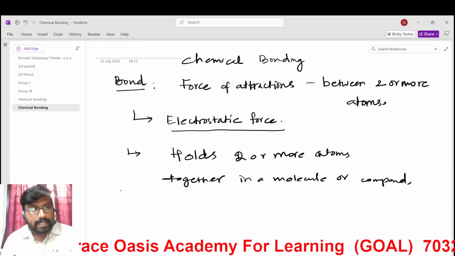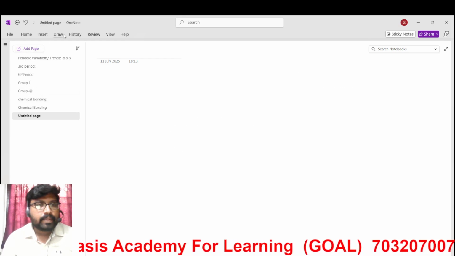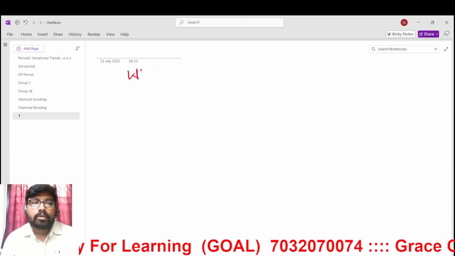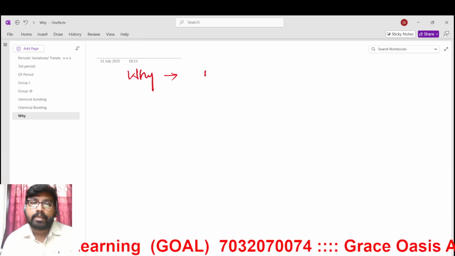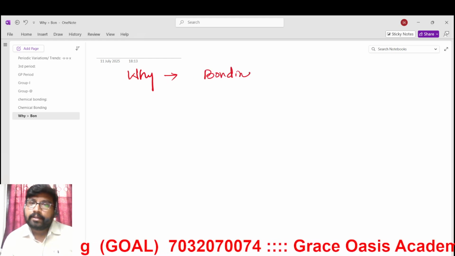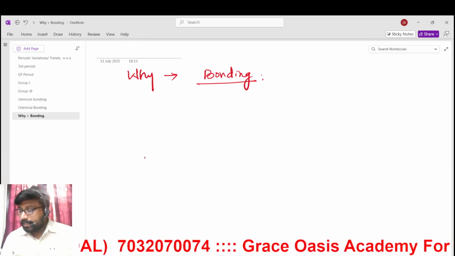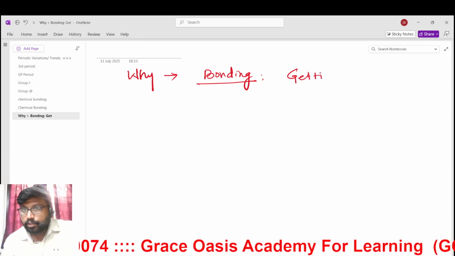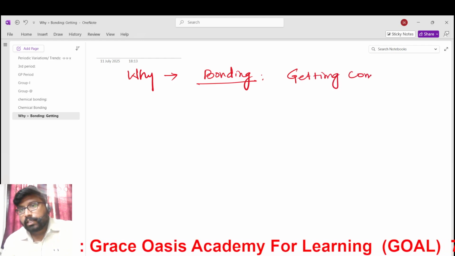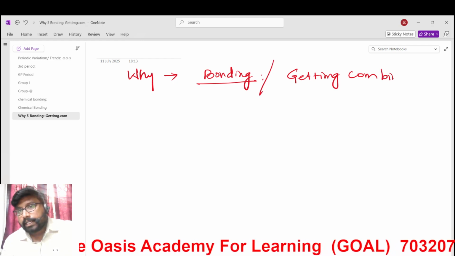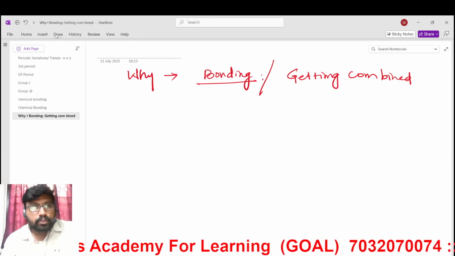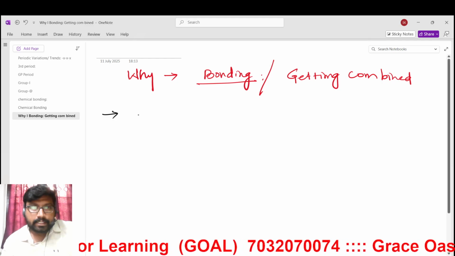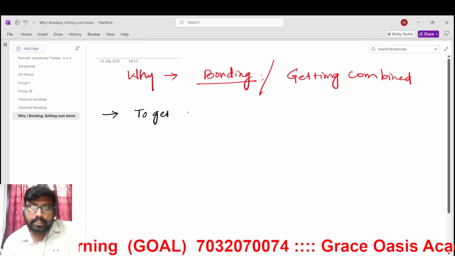So why are these atoms getting combined? Why are they forming bonds? What's the reason? They are bonding because they want to attain a stable position, to get stability.